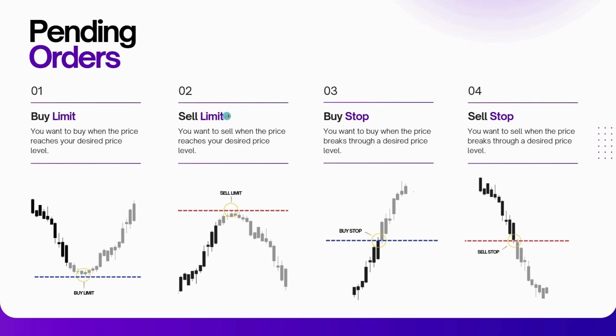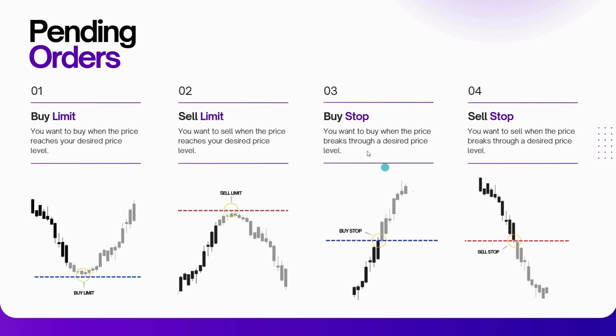A sell limit, on the other hand, is just the opposite. If you think price will reject lower from a key level, you can set a sell limit, which will open a sell trade when price reaches your specified level. In other words, you can use limit orders when you expect price will retrace or pull back once it reaches a specific price level.